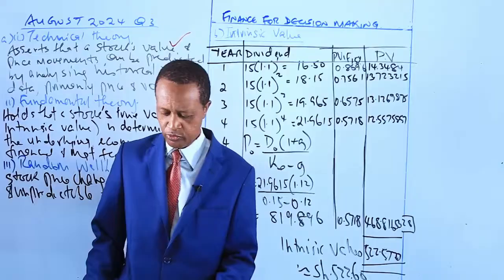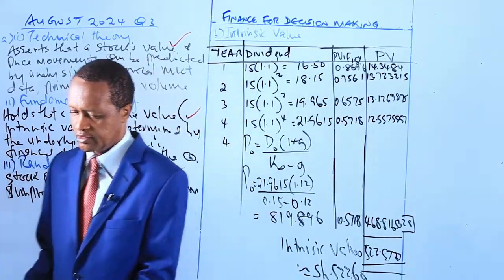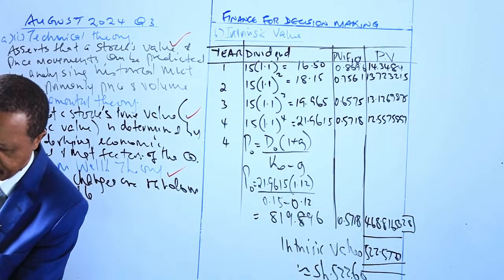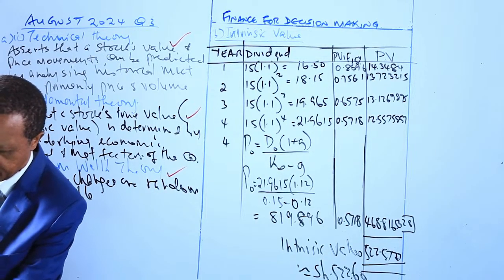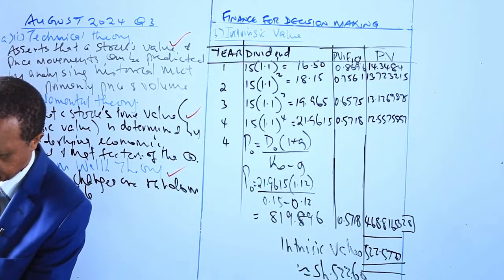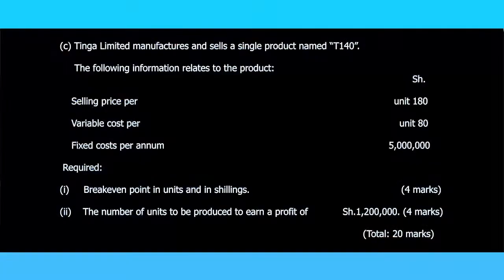Now allow me to move to the next part of the question, which is on CVP. Part C of the question reads: Tinga Limited manufactures and sells a single product named T140. The following information relates to the product.